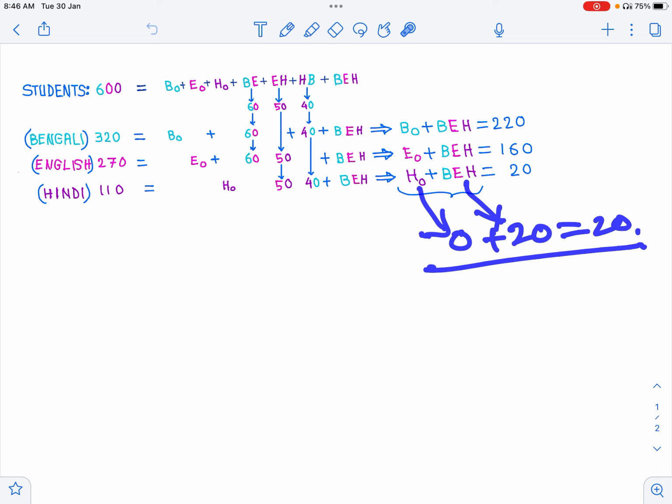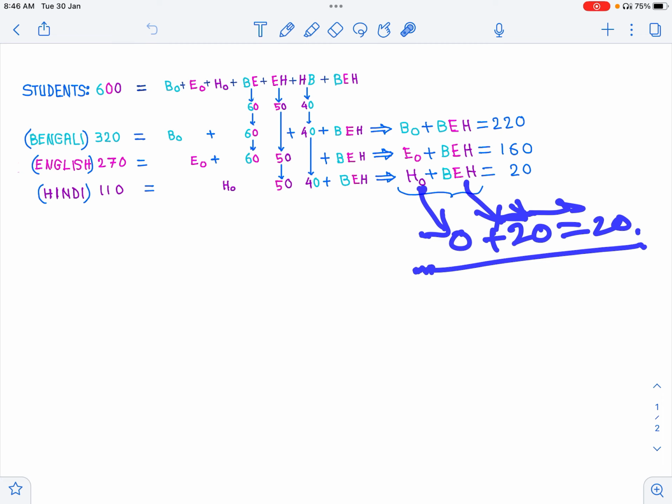So that means if those students who learn only Hindi do not exist, only then the number of those students who learn the three languages would come to 20.